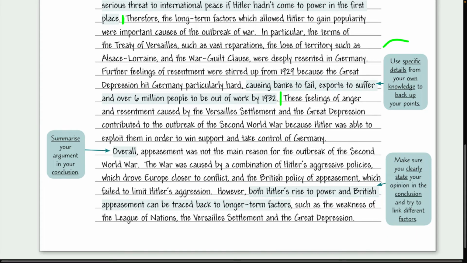Let's go. These feelings of anger and resentment caused by the Versailles Settlement and the Great Depression contributed to the outbreak of the Second World War, because Hitler was able to exploit them in order to win support and take control of Germany. Overall, again, summarize your argument in your conclusion.